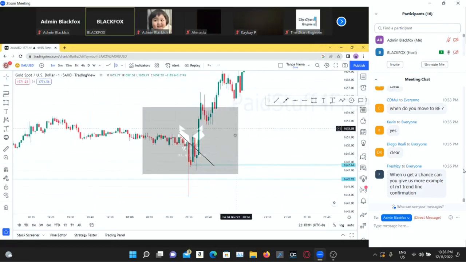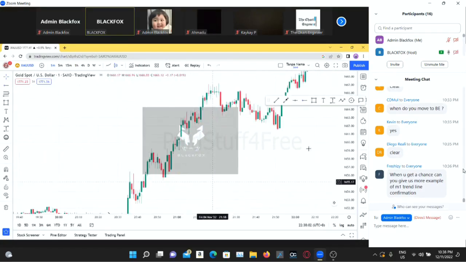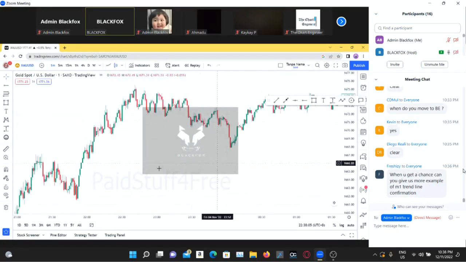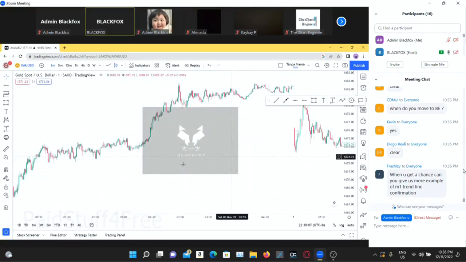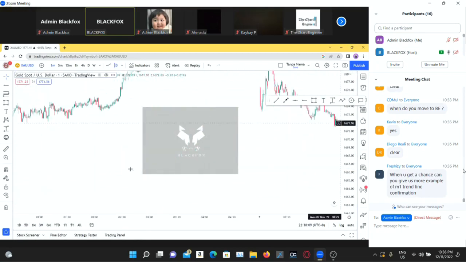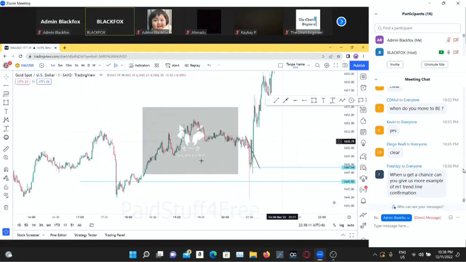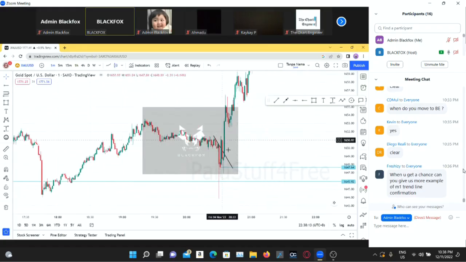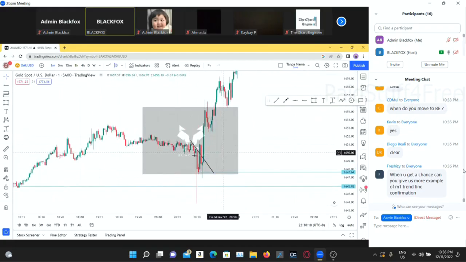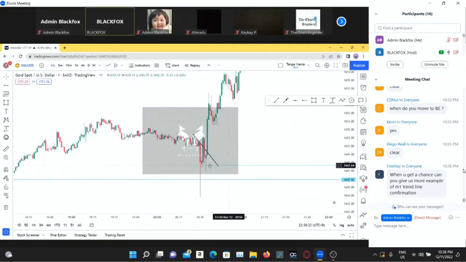So when there is no news, if you wait for the trend line breakout, just go instant. If you trade at news time, just wait for the pullback. Then you enter.